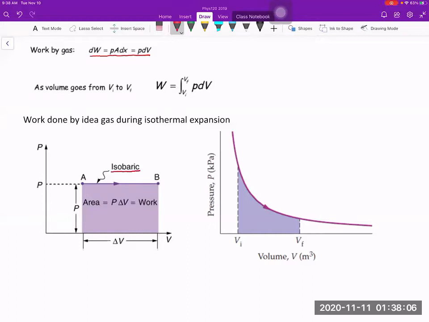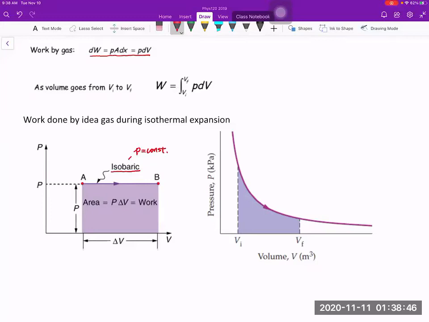When you have an isobaric process, the pressure is constant and doesn't change during the process. If you are doing a thermodynamic process and you keep the pressure constant, and you move from state A to state B, that means you don't change the pressure but you change the volume.